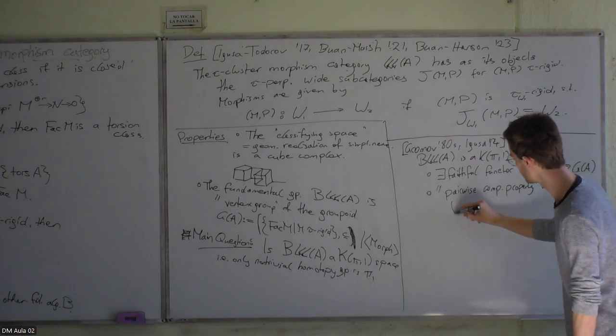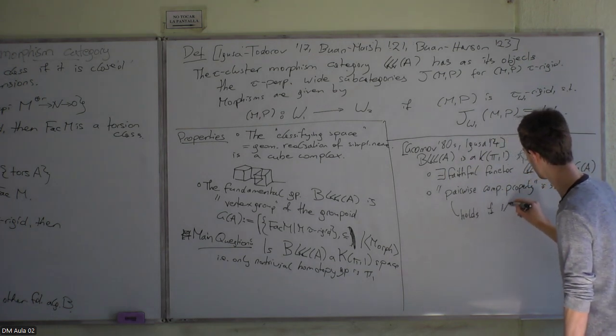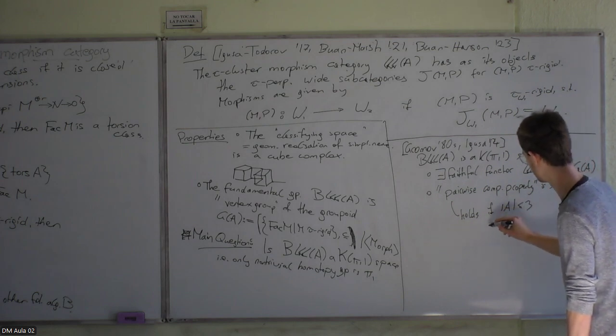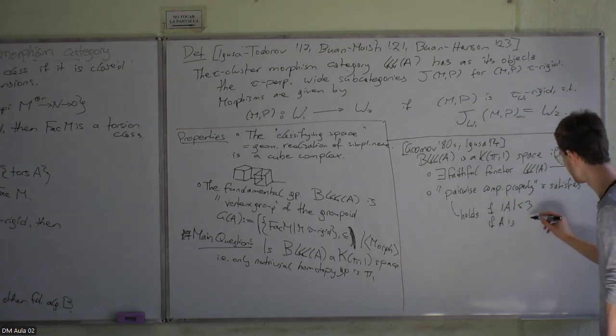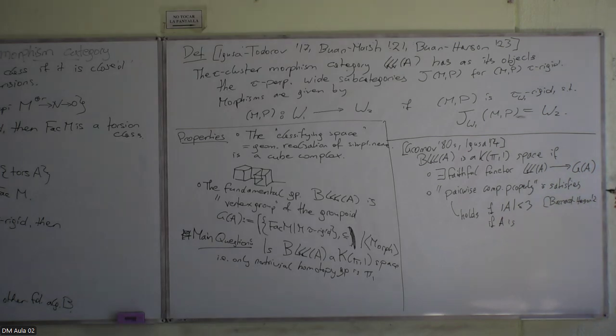The second thing holds if the rank of A is less than 3, which was done by Barnard, Hanson, 23, I think.